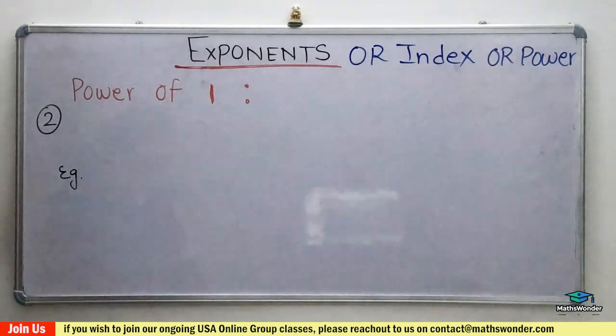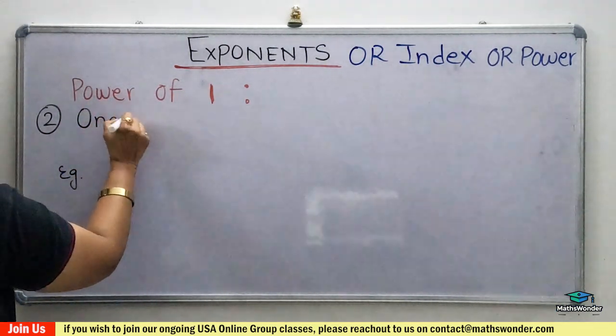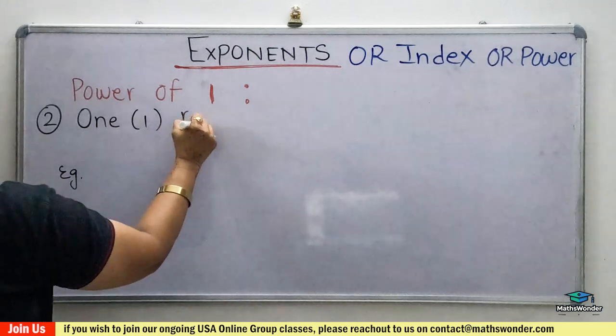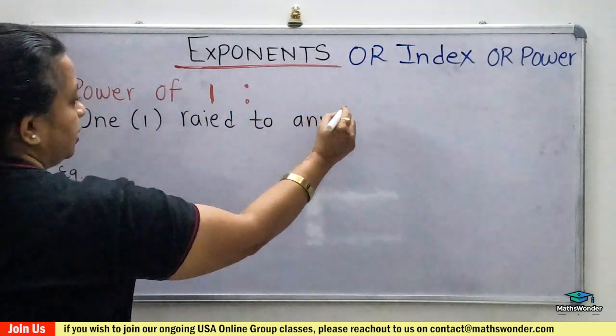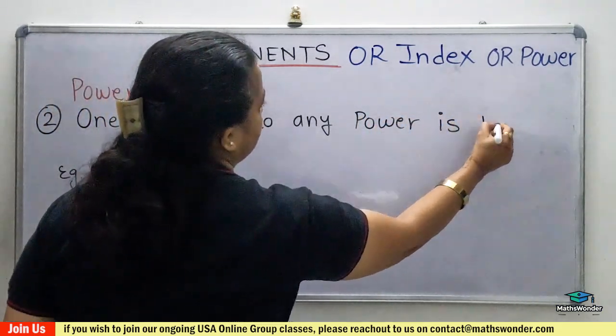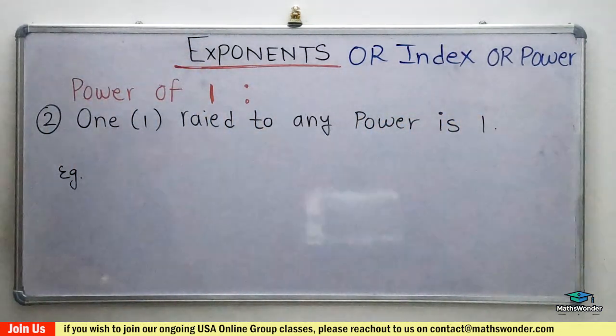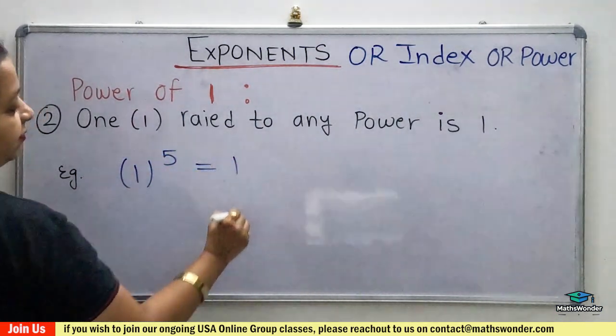Now the second is, 1 raised to any power is 1. This is because 1 multiplied by 1 as many times is always equal to 1, right? So for example, 1 raised to the power 5 will give 1 only.